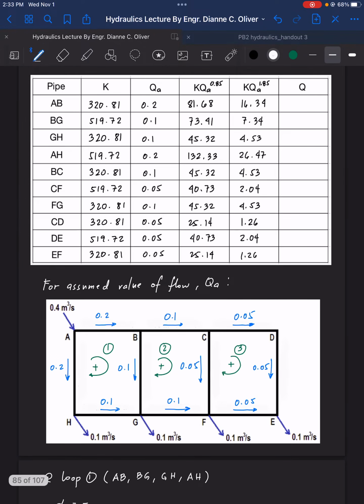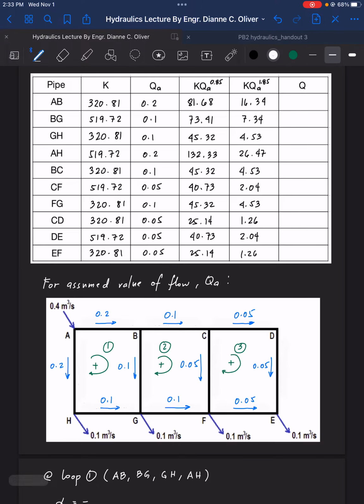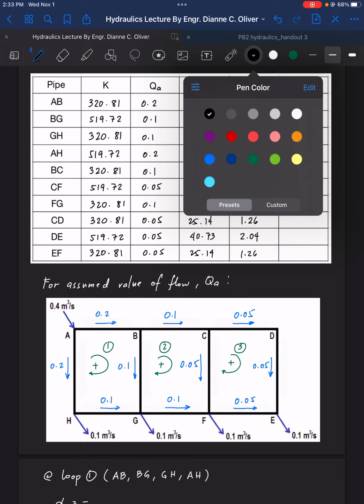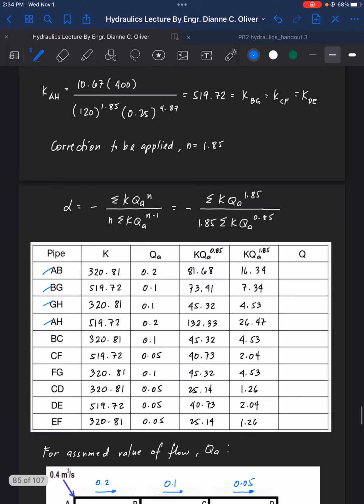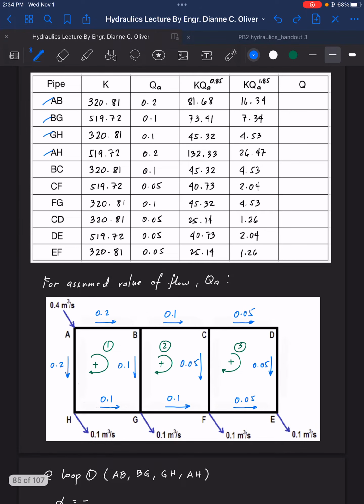For the numerator, we are concerned with the values raised to 1.85. The flow of AB is clockwise, therefore positive.